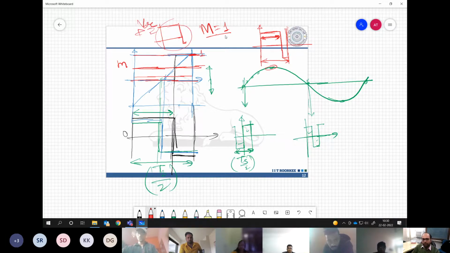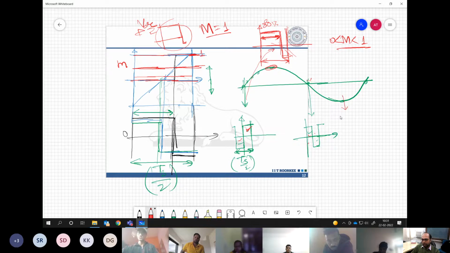For any intermediate value, where m is less than 1 and greater than 0, we have this kind of width. Let's say here it was 50-50 and gradually it increases and reaches 80% or 90% positive with the rest negative, and then gradually it reduces again to 50-50.